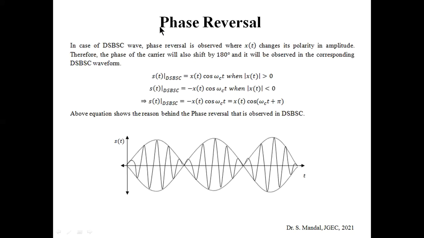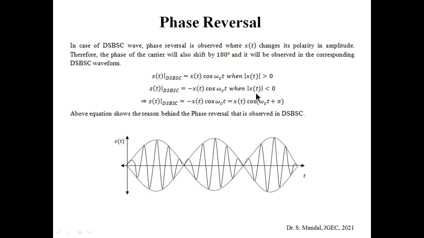So coming to the next part, that is called the phase reversal. In case of DSBSC, phase reversal can be observed where xt changes its polarity in amplitude. If the amplitude of xt is greater than 0, then the DSB equation can be represented as xt into cos omega ct.